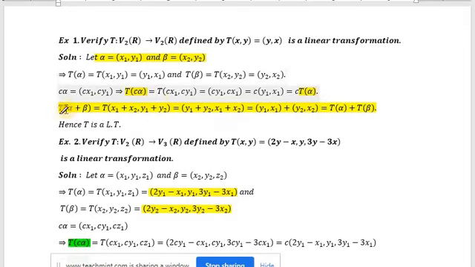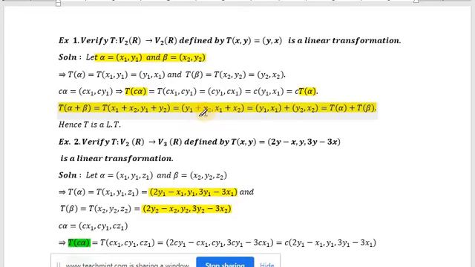Now take the second condition, that is T of alpha plus beta. T of alpha plus beta means alpha is (x1, y1), beta is (x2, y2). Therefore, alpha plus beta means (x1 plus x2, y1 plus y2). So, T of (x1 plus x2, y1 plus y2) is equal to (y1 plus y2, x1 plus x2).